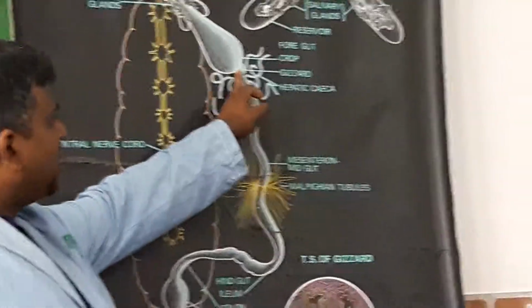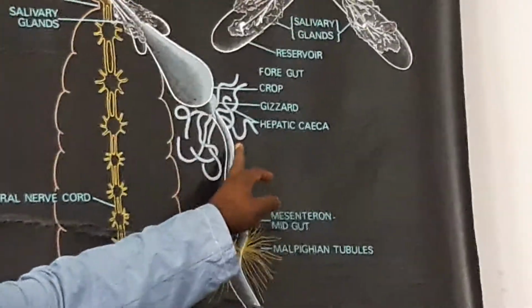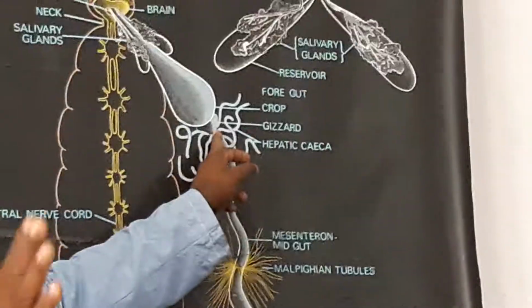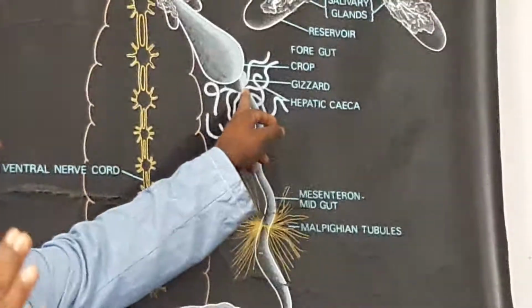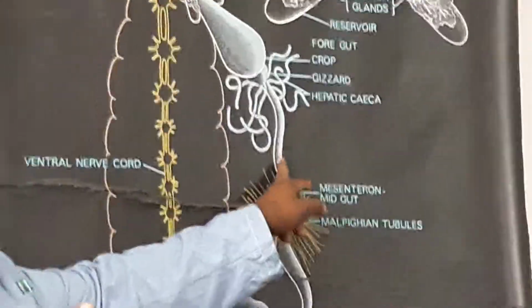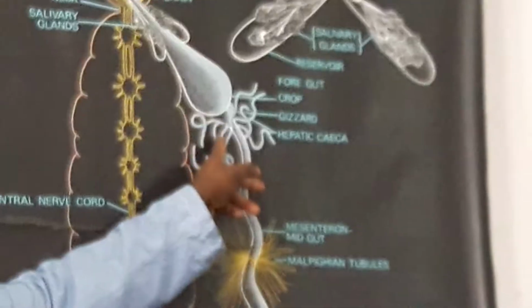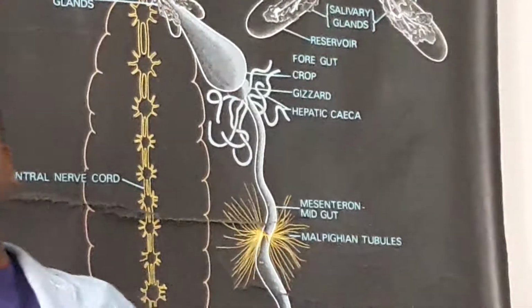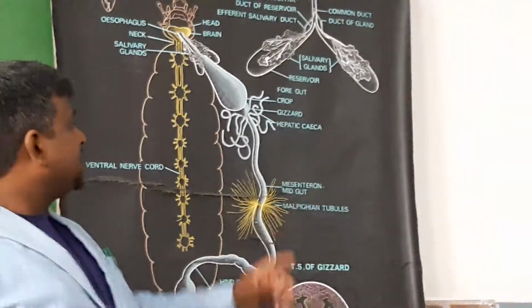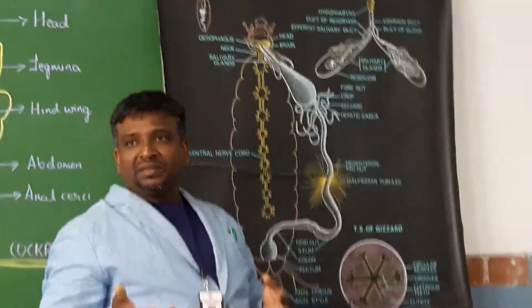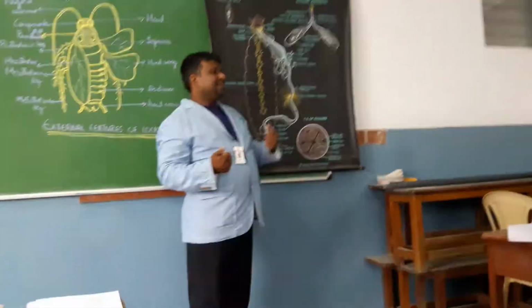At the junction of the foregut and the midgut, up to the gizzard is foregut, and after the gizzard it is midgut. At this junction you find numerous finger-like structures called hepatic caecae, which open up into the midgut. Hepatic cells, you find in the liver, isn't it? They help in digestion.